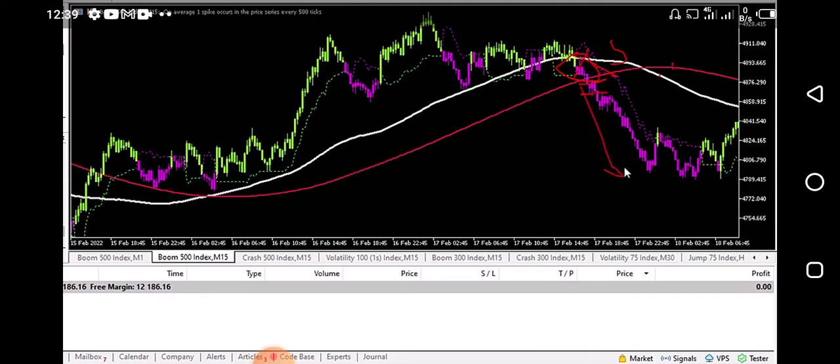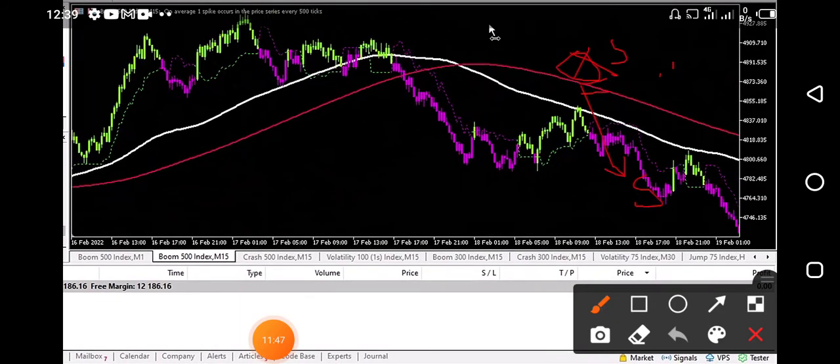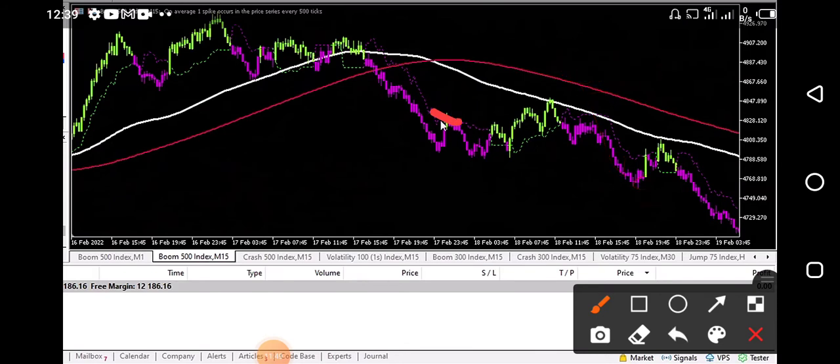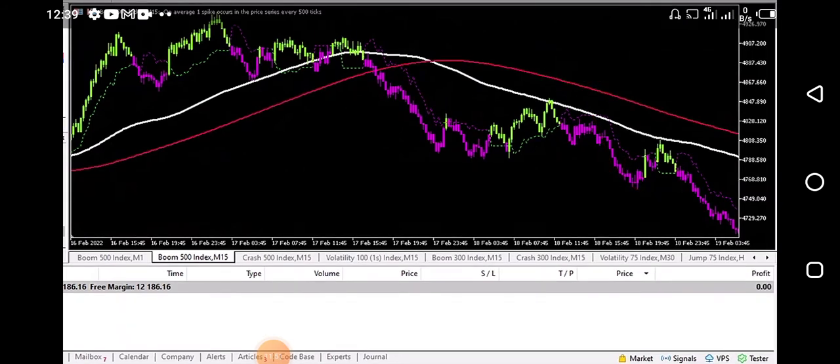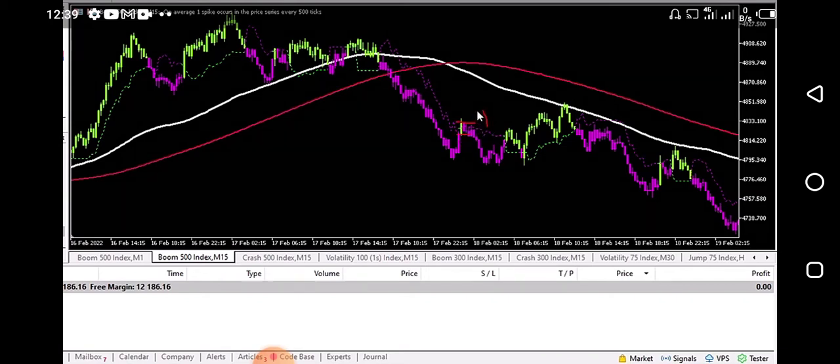You hold your trade all the way down, and you see the price is going up right now. Immediately this candle here is formed, right? You just close your trade. Immediately that green candle there is formed, you just take your profits. Simple. Very simple and straightforward.